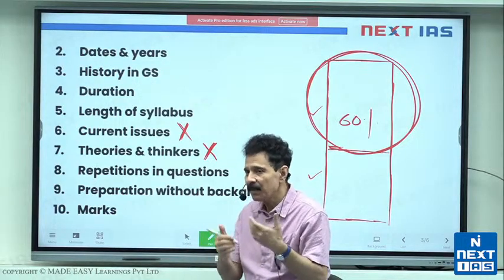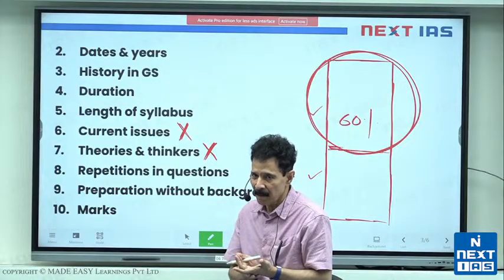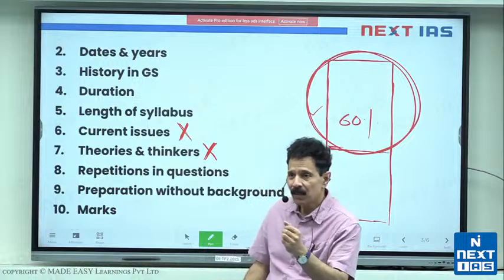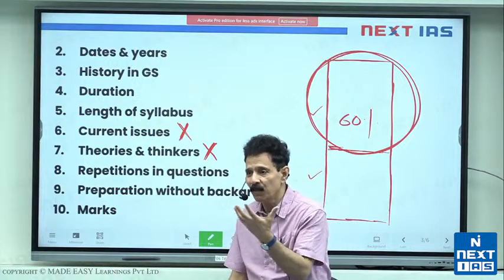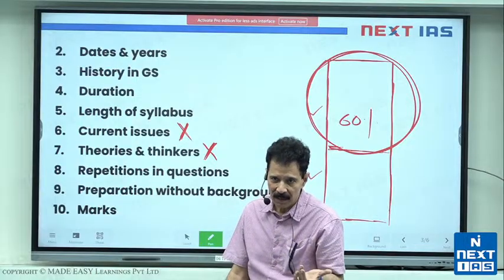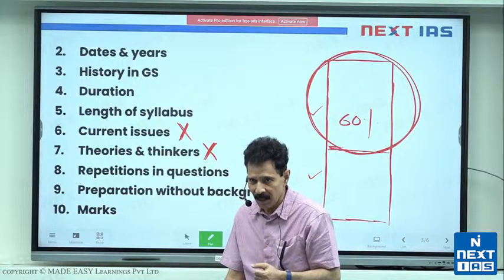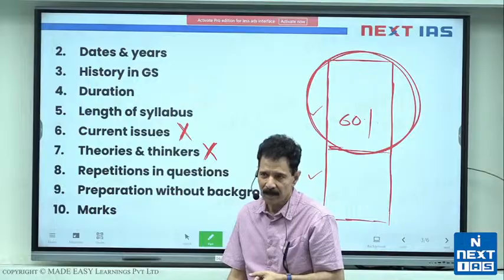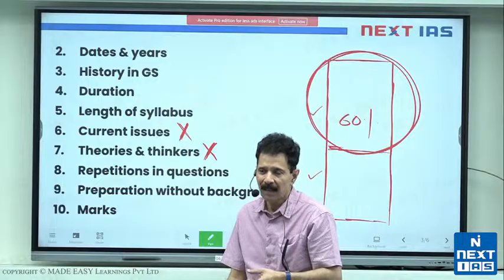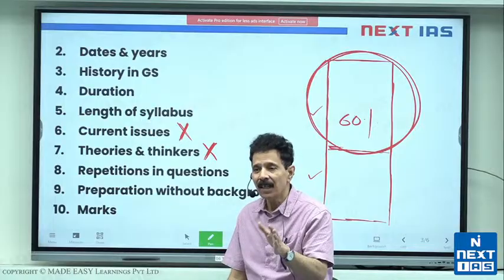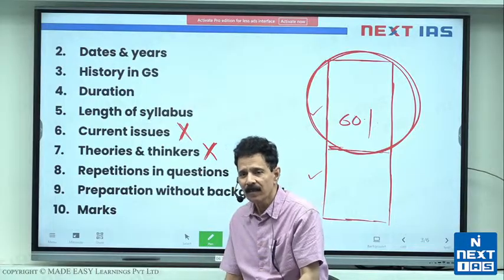Repetitions, I have said, make your preparation easier. And what is very, very important here in history is that there are many famous statements made by historical personalities and by famous historians as well. These statements also occur as a question. And there are some so famous statements that they are also repeated in the question.